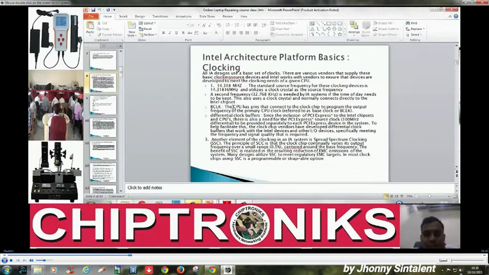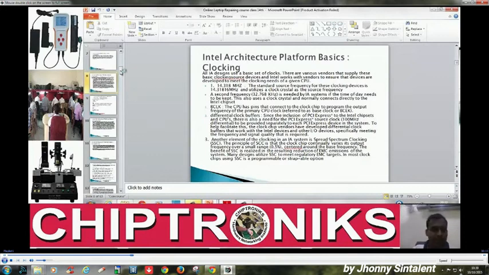Then another important frequency is BCLK. What is BCLK? The CPU has pins that connect to the clock chip to program the output frequency of the primary CPU clock, right? That is, the CPU sends a message to the clock generator to give the exact frequency, because you have different kinds of CPU.